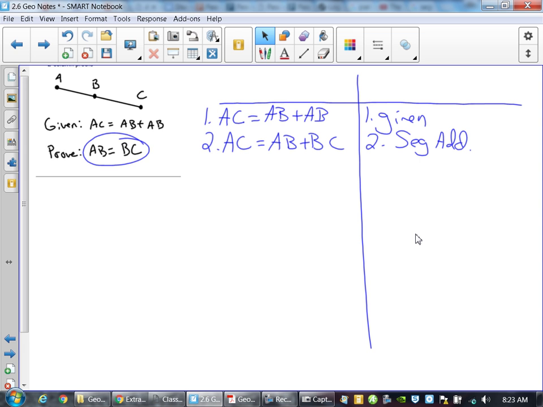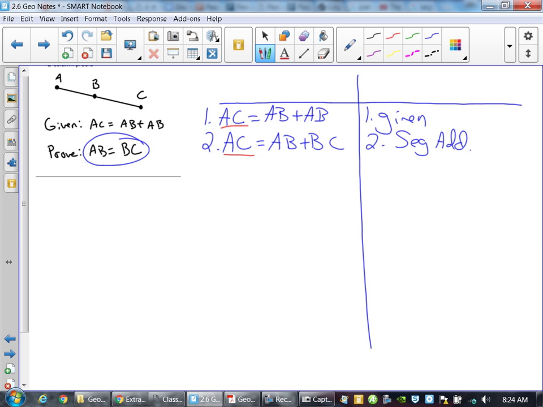Now, on your reason bank, we have a property called substitution. Substitution is when two things equal two other things, those other things are equal. It's kind of weird to think of it that way, but take a look at what you have here. Do you have AC here and here? Yes. Does AC equal two different things on the other side? Yes.